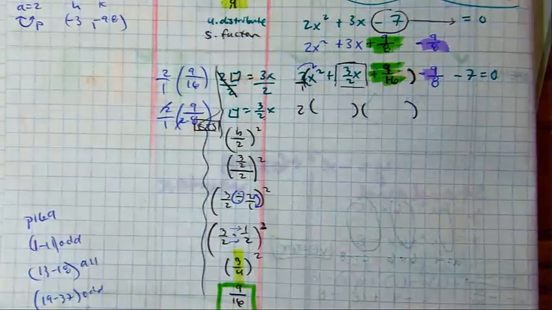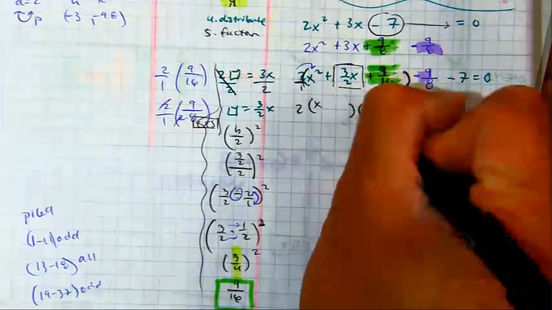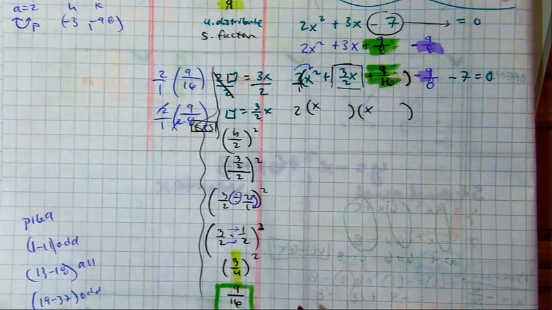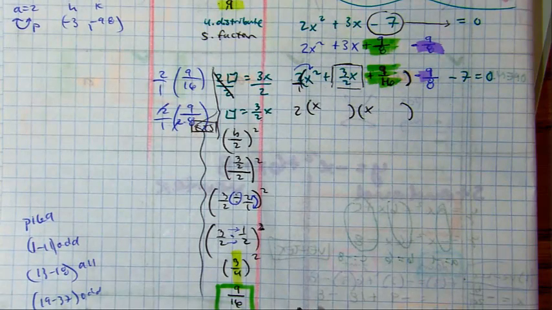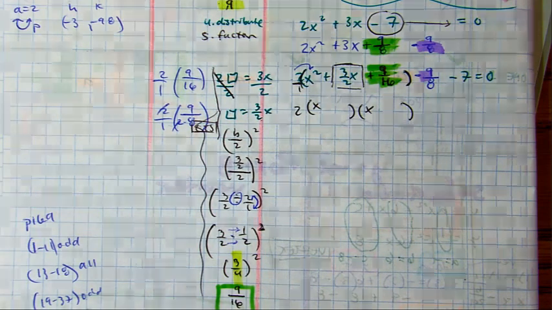Two numbers that multiply to be 9/16, but the same two numbers add to be 3/2.